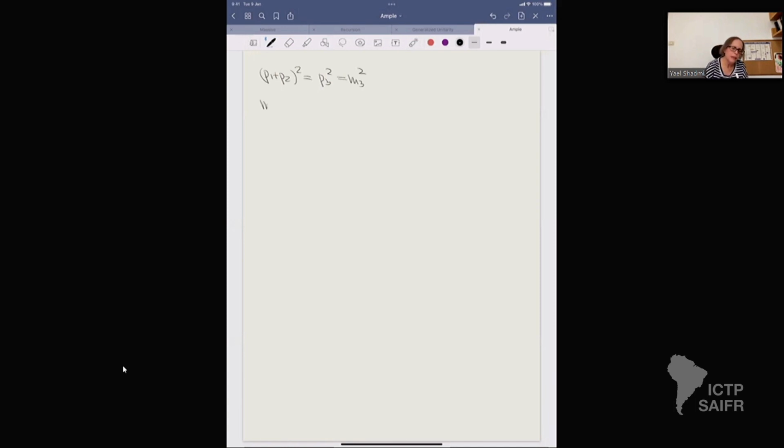Remember that in the M equals 0 case, we had either square kinematics, where these were non-zero and all of these were 0, or vice versa. So one of the things that we'll want to do is consider the M goes to 0 limit, or equivalently the high energy limit.